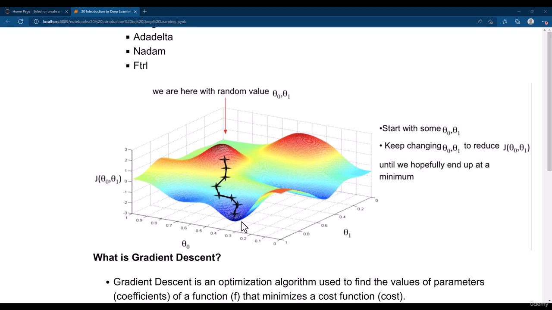If you start somewhere here, then obviously you don't need to go upward, because if you go upward, that means you are increasing the error. So you need to come downward. This surface plot is actually the loss function plot. And this optimizer makes sure that you come to the valley in a fast way.